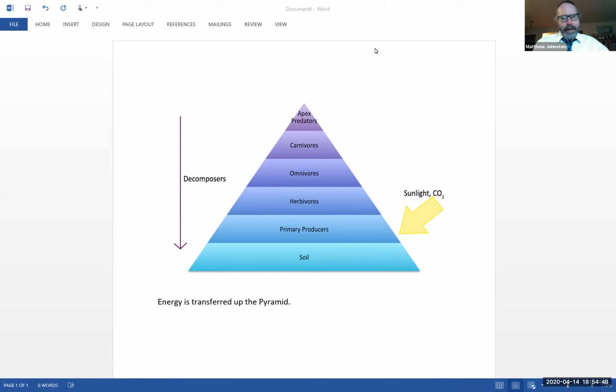So you begin in the land pyramid with the soil and the sunlight and water. Maybe note, none of those things are actually organic or living. And that produces fertile soil, which is living, okay? Yes, there are living organisms in fertile soil.